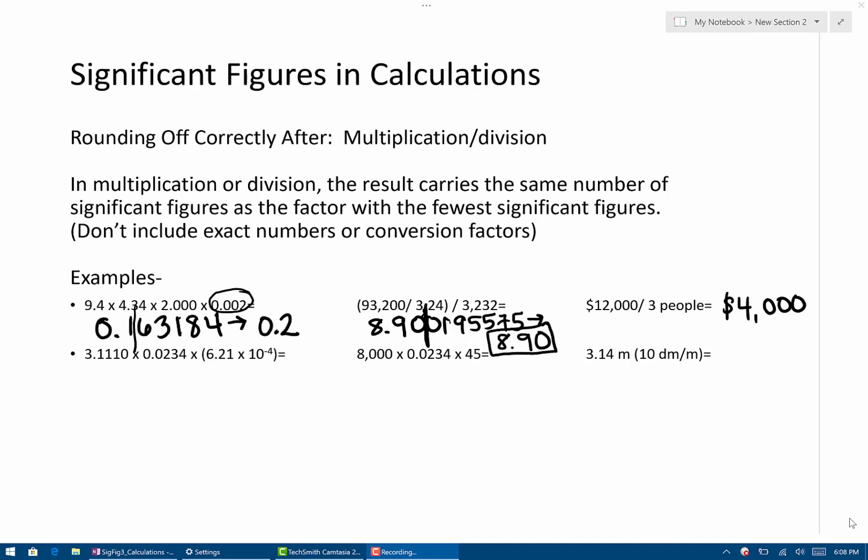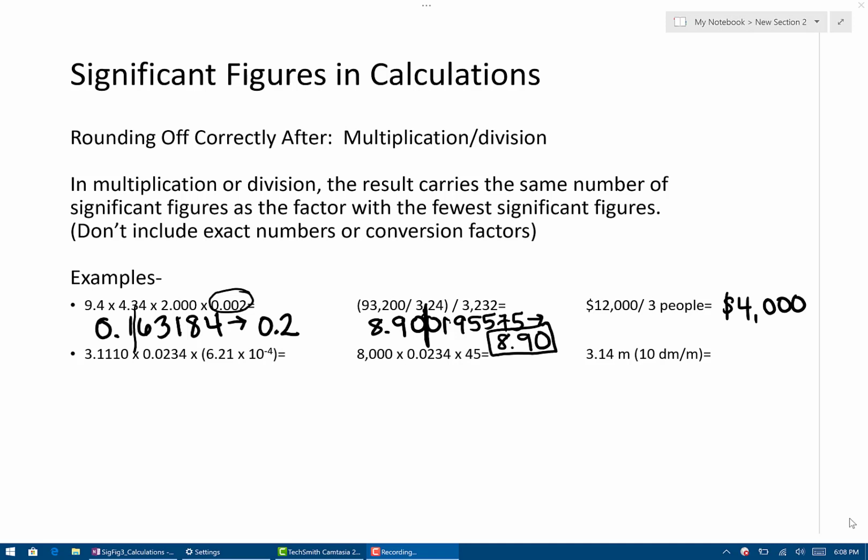Now, our answer 4,000 presents us with this weird dilemma here. And the best way for me to solve it is to put it into scientific notation. Right now at 4,000, it looks like we only have 1 significant figure. We don't know if the zeros are significant or not. But we should have 2.